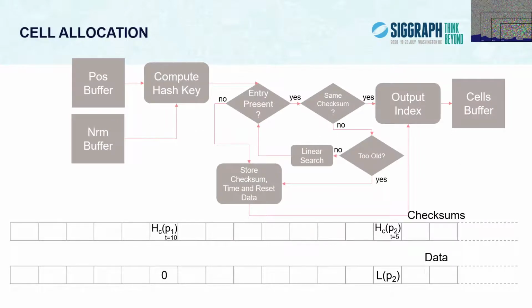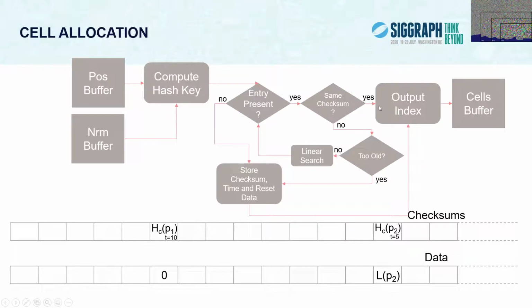So, in a nutshell, to allocate cells, we start from a deferred shading approach, so we have some positions and some normals in some buffer, and then we can compute a hash key from those positions and normals. Then, if there's an entry present for this hash key, we can compare the checksums.